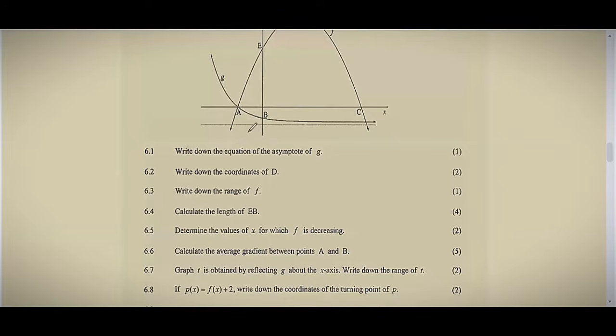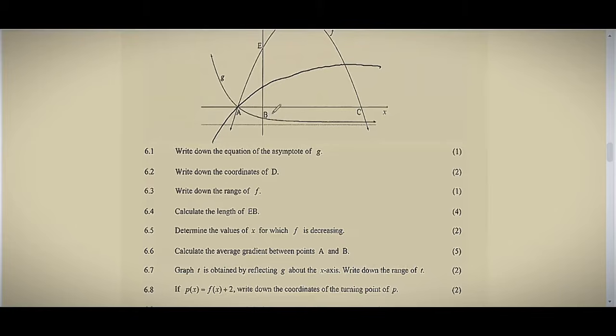If we are reflecting along the x-axis, we are reflecting it along this line. What this normally does is that it will affect the y coordinate, right? So for example, this will now come out like this, right? So the reflection will give us something like this.